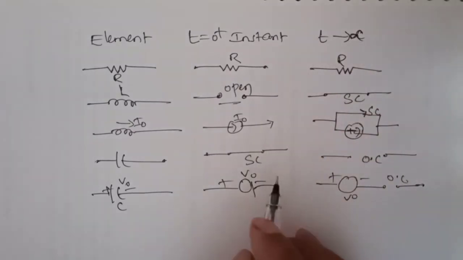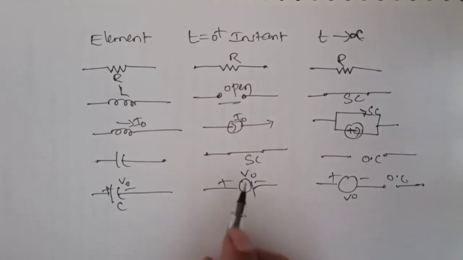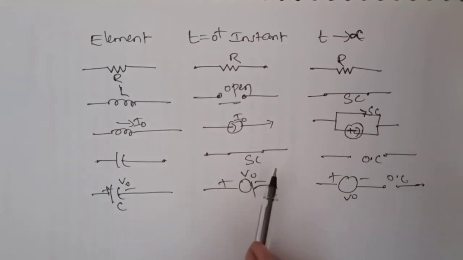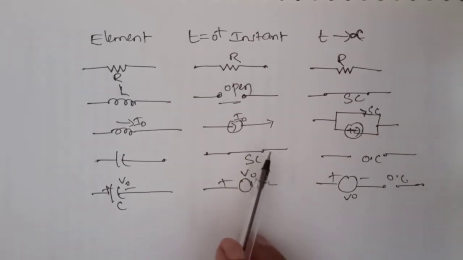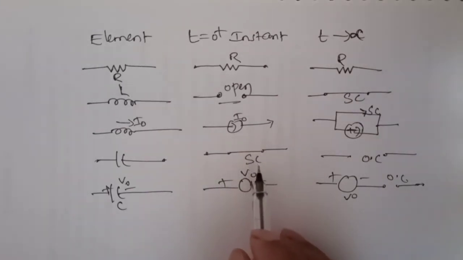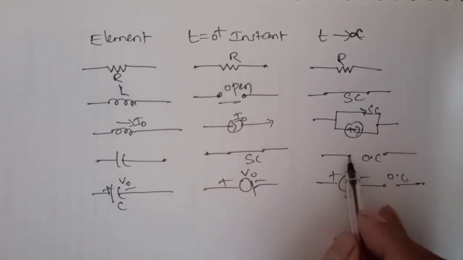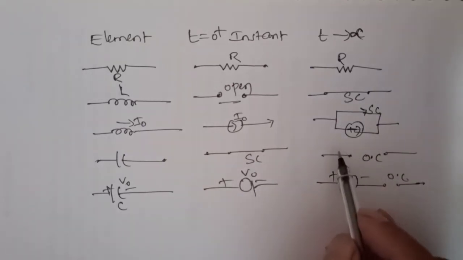For the capacitor it is vice versa. If the circuit has a capacitor and you switch it on, initially there is no charge in the capacitor, so the voltage is 0 and it acts as a short circuit, because the capacitor never allows sudden changes in the voltage. If you operate for a long time, it acts as an open circuit.